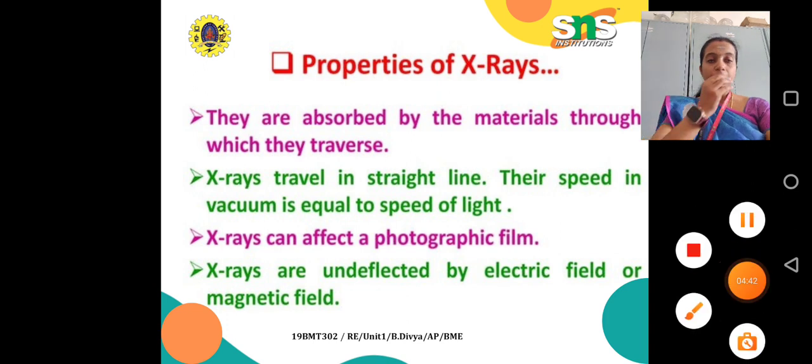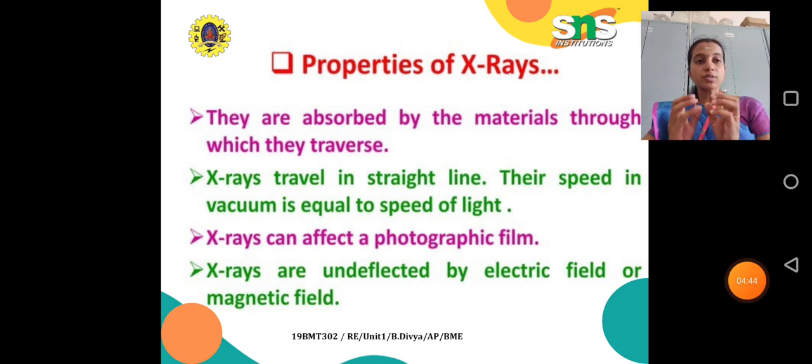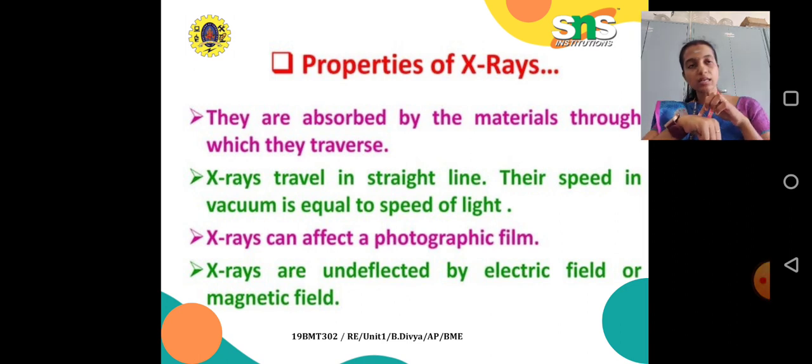Next, they are absorbed by the materials through which they travel. As I told you already, the skin will absorb the rays, right? Likewise, the X-rays will be absorbed by the materials through which they travel.